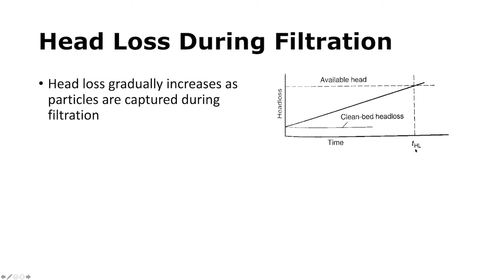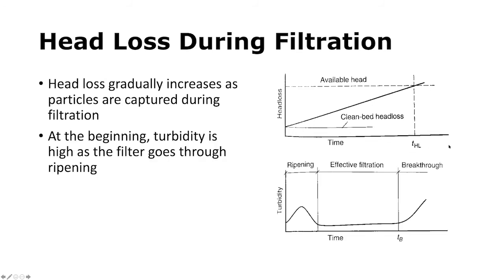Eventually we will get to a point where we need to backwash. And after backwashing, we would bring the filter back into operation again. As you recall in the previous slide, I said the first few minutes of running the filter after backwashing, that water would be wasted. It wouldn't be sent to distribution.